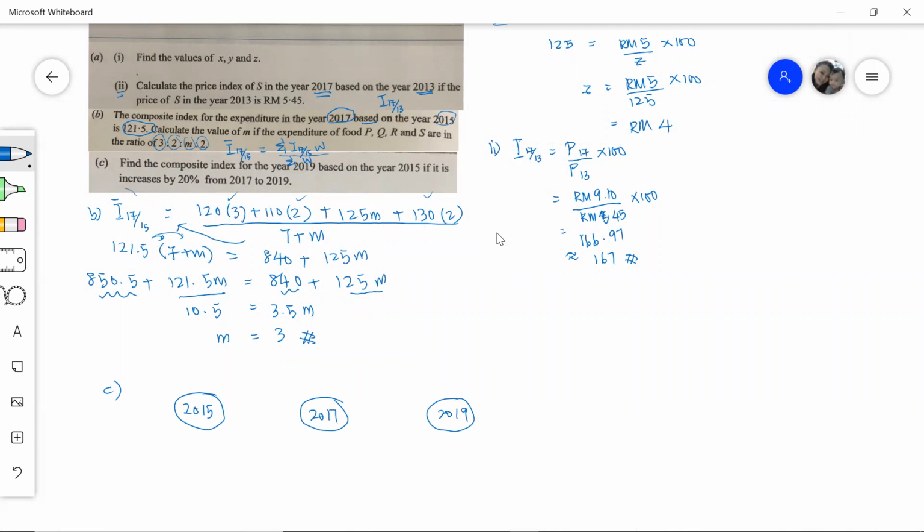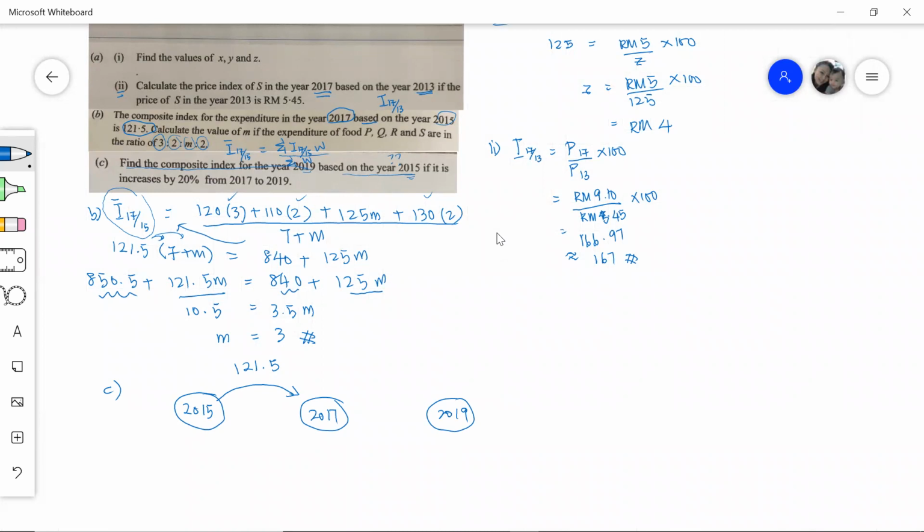We know that the composite index for year 2017 based on the year 2015 is given as 121.5. We need to find the composite index for the year 2019 based on the year 2015.